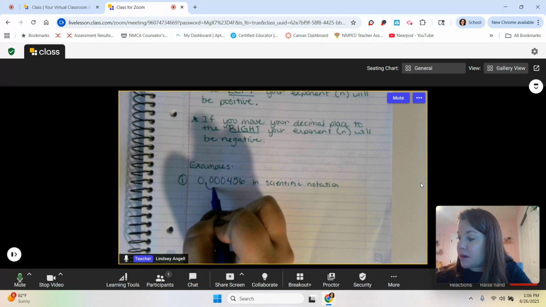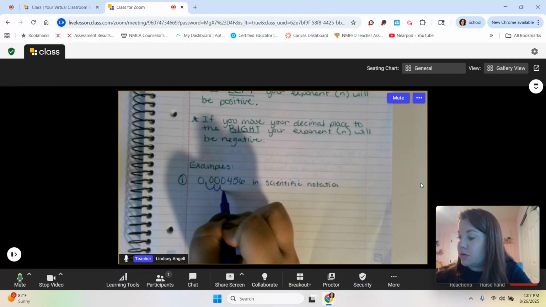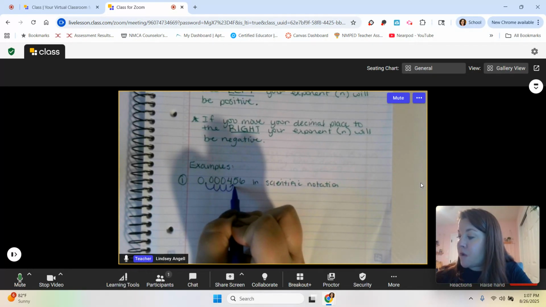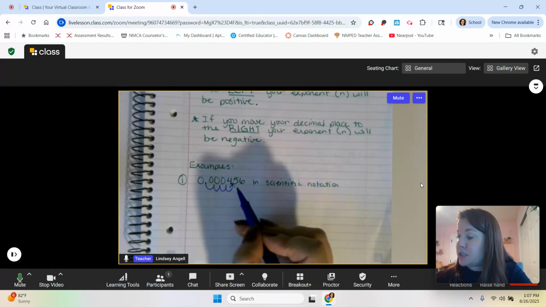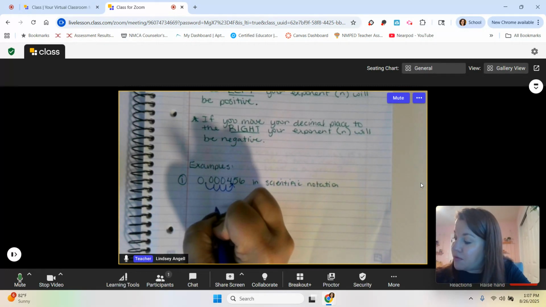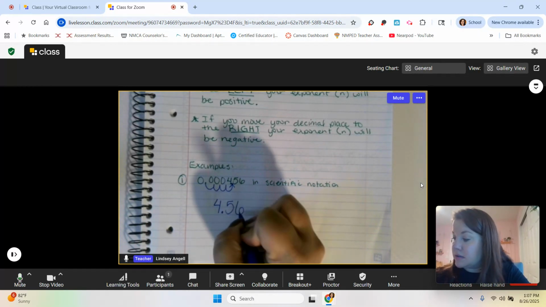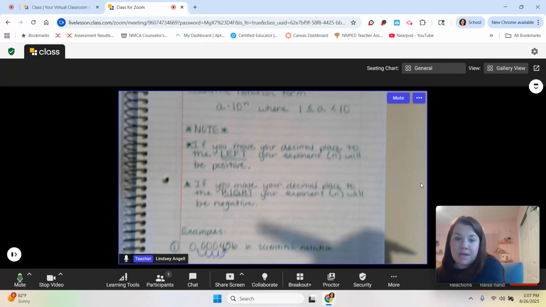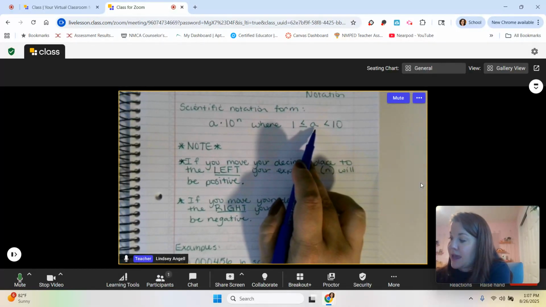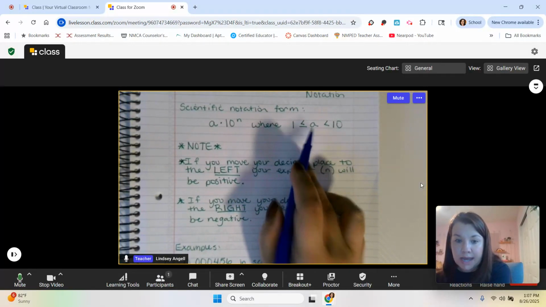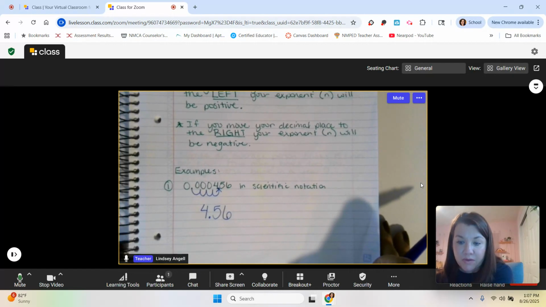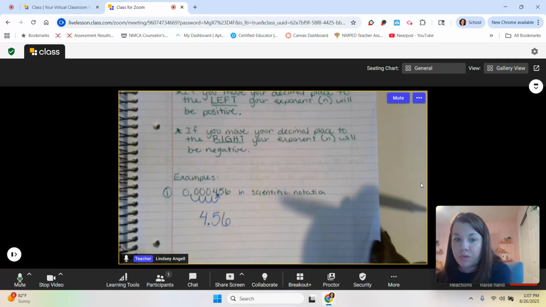So to do that, I'm going to move it 1, 2, 3, 4 times, because by moving it 4 times, I'm left with 4.56, right? And remember from up here, A has to be between 1 and 10. So 4.56, that's between 1 and 10.